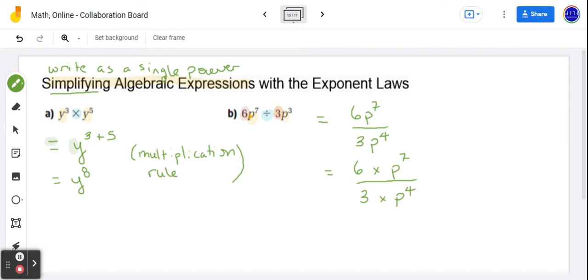I don't know if you recall, in the last video I was looking for factors and trying to reduce terms to 1 over 1. So I also want you to recognize that 6 is made up of the factors 3 and 2. So that could be 3 multiplied by 2 and multiplied by p to the power of 7, divided by, of course, in the denominator, 3 times p to the 4.